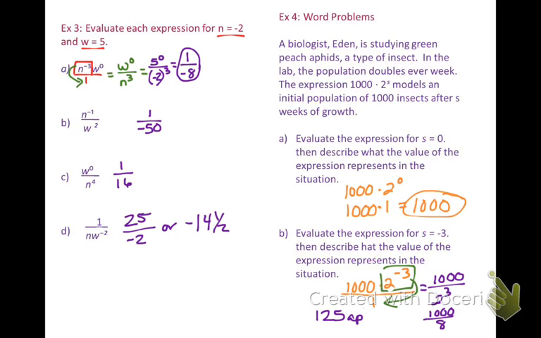I don't know how to spell aphids. A-P-H-I-D-S. 3 weeks ago. If it was 3 weeks in the future, s would equal 3. If it was 2 weeks in the future, it would be 2. And if it's next week, it would be 1 as your s. All right. Goodbye.